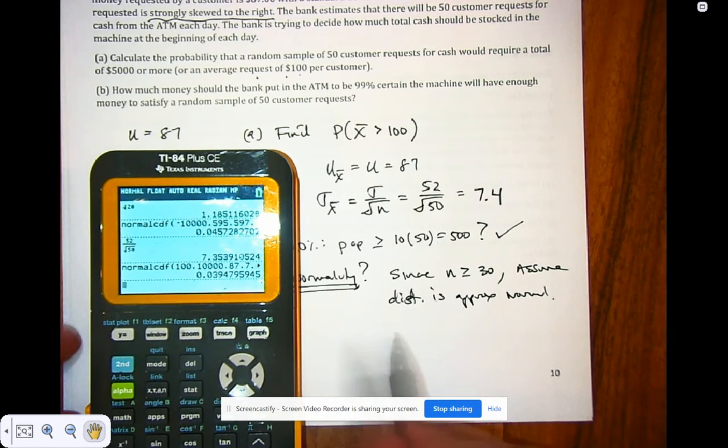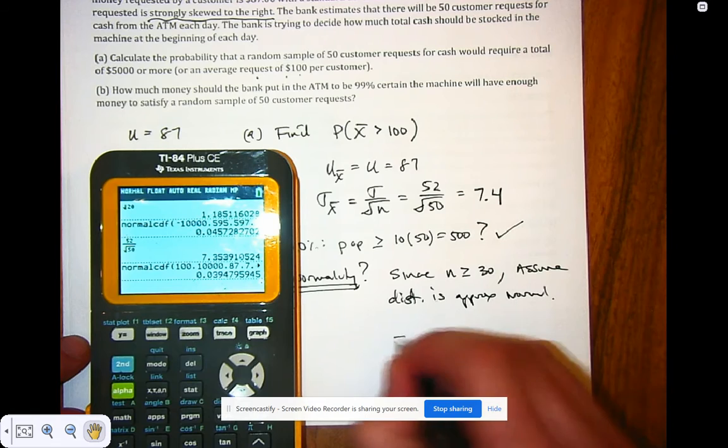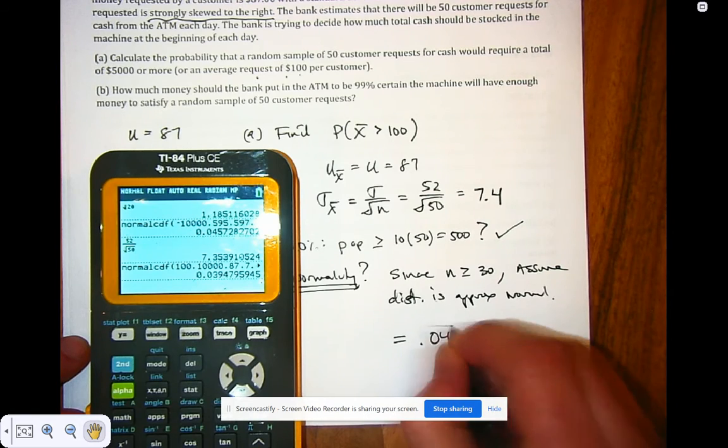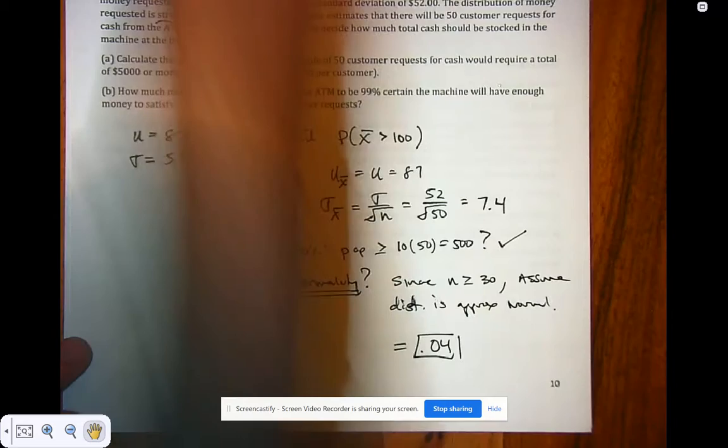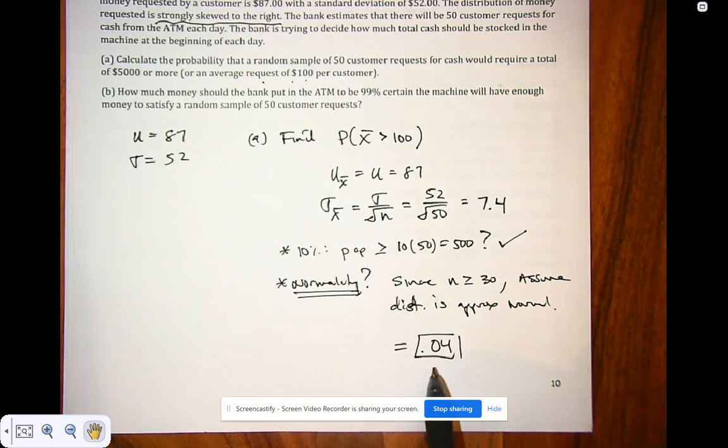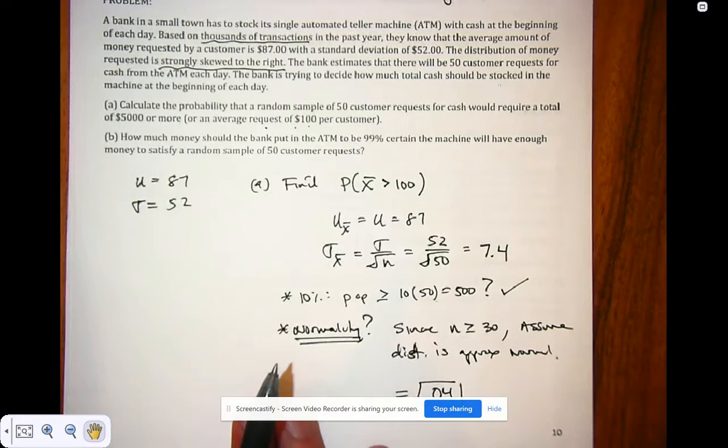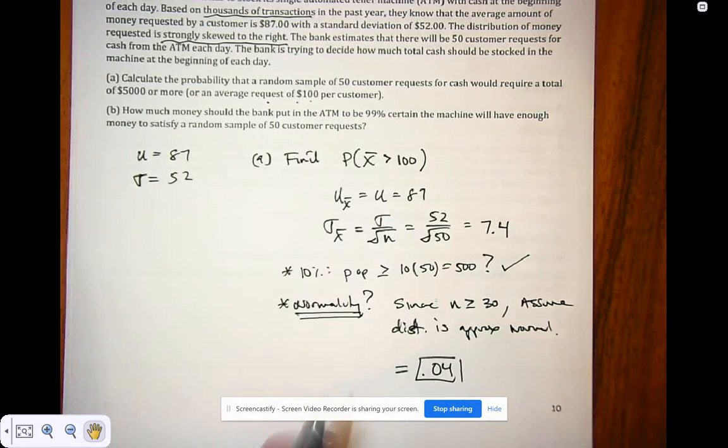Obviously, you guys would write all that stuff out, and you get 0.04. So there's a 4% chance that the bank doesn't have enough money. And somebody who's making more money than the statistician gets to decide whether they transfer money to the bank to cover that 4% chance, or they're willing to assume that risk, with a couple of customers getting pretty ticked off at the end of the day when there's no money left in the ATM.